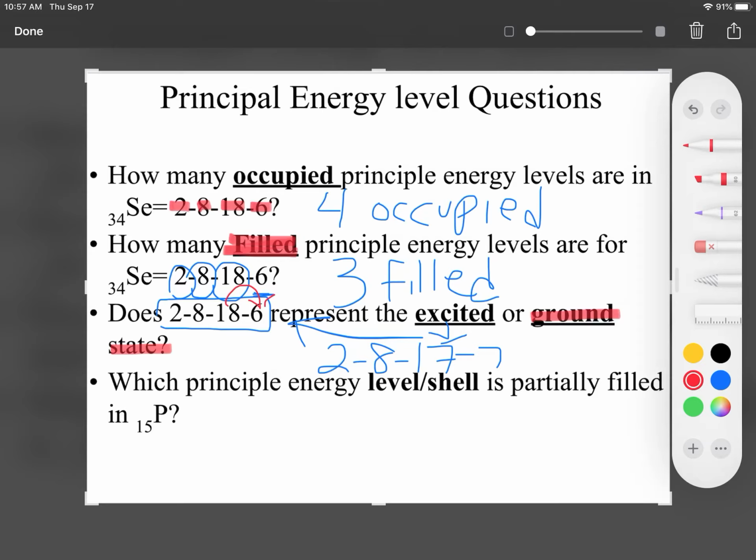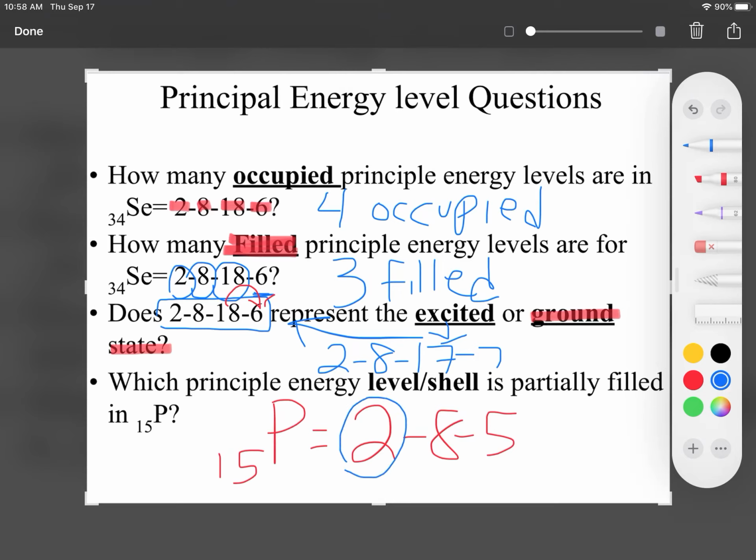Because we learned, remember, that one of the electrons will jump from the second to last level to the last level. Okay? All right, it says, which principal energy level or shell is partially filled in phosphorus? All right, hit pause and look up phosphorus yourself right now and write down the ground state configuration. Okay, we're back. So phosphorus says on the periodic table, the ground state is 2-8-5. So let's see, what do we say again? Well, the first one holds a maximum of 2, so that's filled.